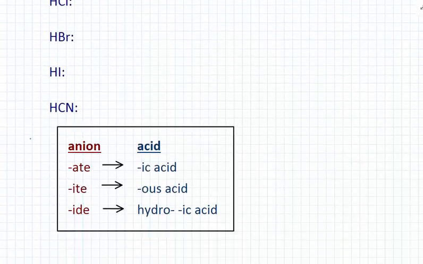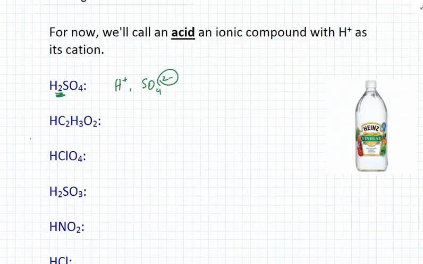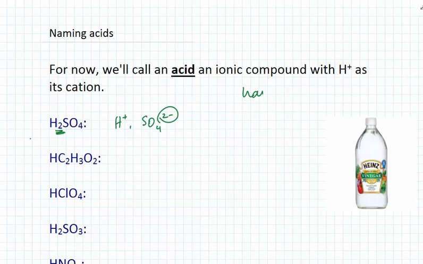So our little reference down here tells us if the anion ends in ate, the name of the acid is an ic acid. So the name H2SO4 is called sulfuric acid. That is sulfate.